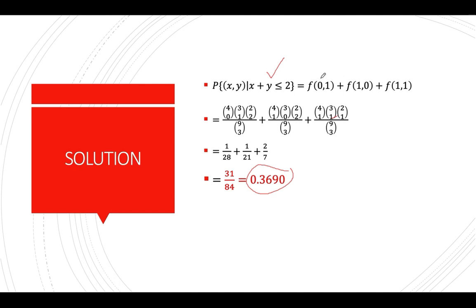So definitely either the other two will have 1. Okay? And otherwise the sum will be greater than 2. So these are only three possible ordered pairs of f of x, y, or possible combinations of x and y that will satisfy the given inequality.